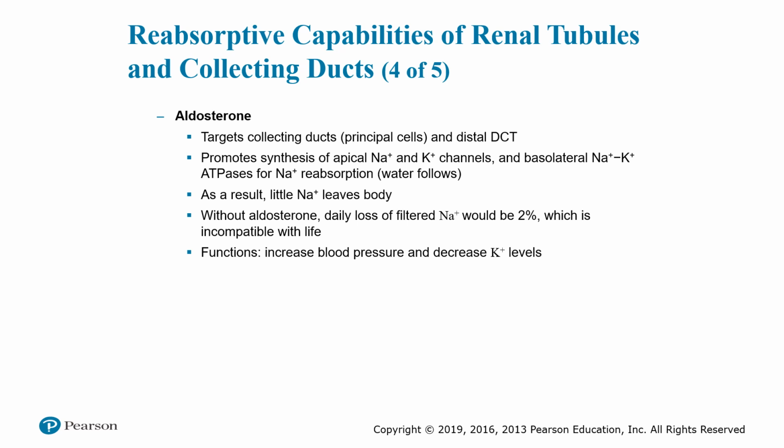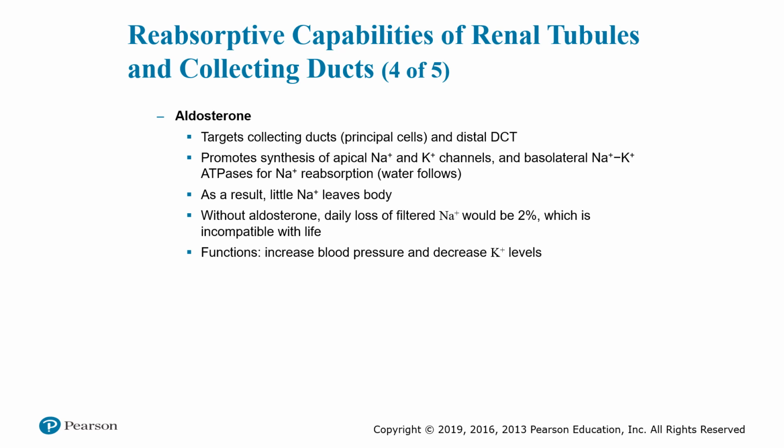It promotes synthesis of apical sodium and potassium channels and basolateral sodium potassium ATPase for sodium reabsorption. And when sodium is reabsorbed, the water follows. And as a result, very little sodium leaves the body, and also very little water leaves the body.